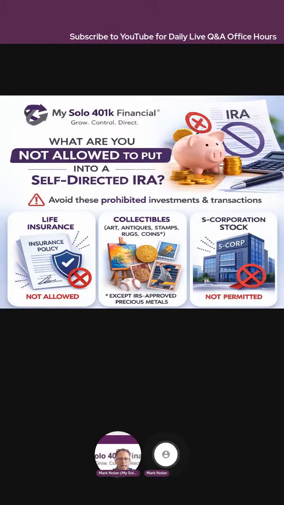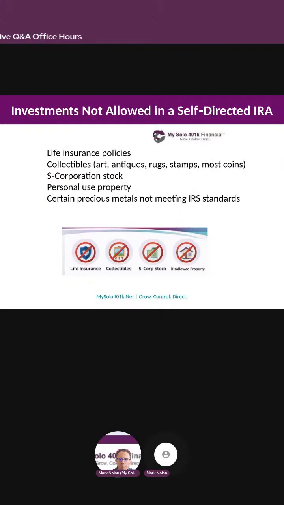So, what are you not allowed to put into a self-directed IRA? Self-directed IRAs are popular because they allow investors to move beyond traditional investments like mutual funds and stocks, and instead invest in alternative investments like real estate, private equity, promissory notes, cryptocurrency, precious metals, and other alternative assets.